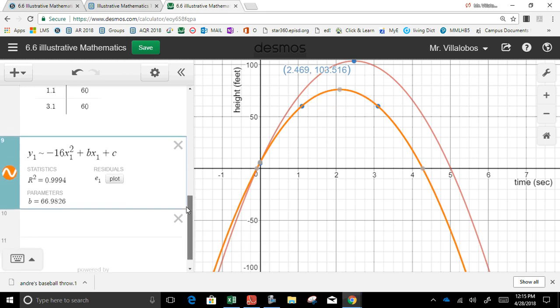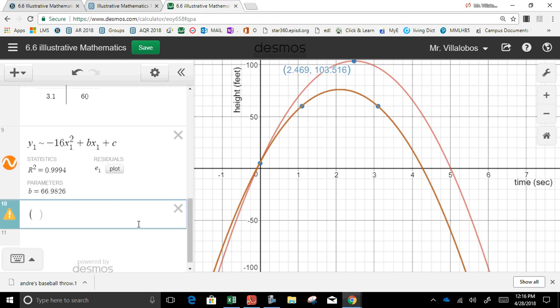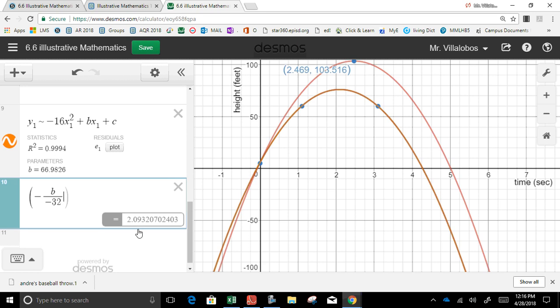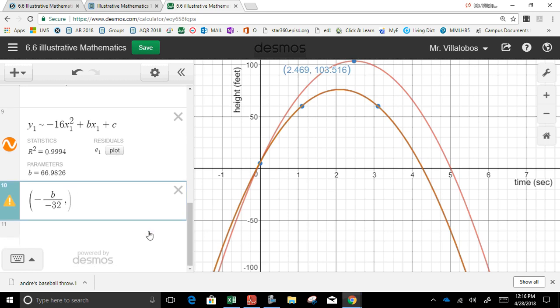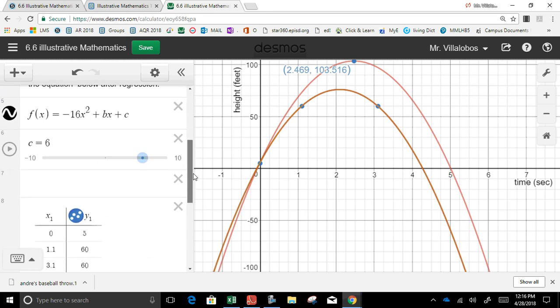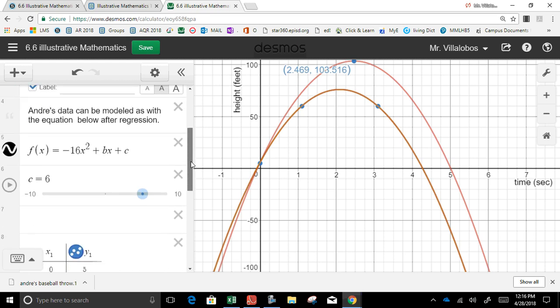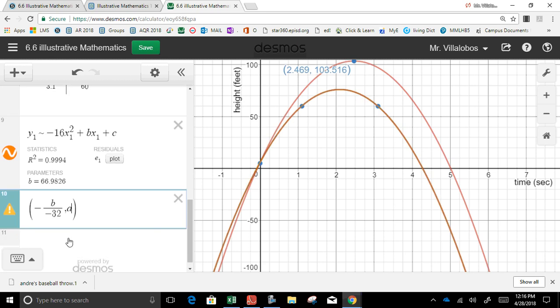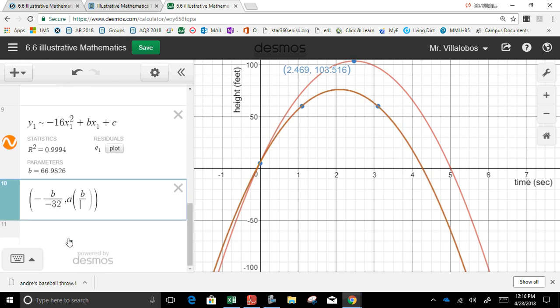We can mark it with the formula, which would be B divided by -32, comma F, in this case, F of B divided by 32, we should say 100.